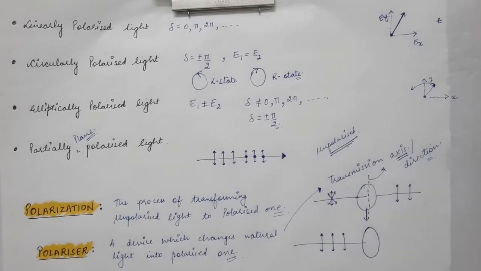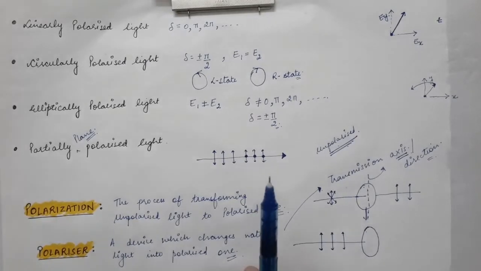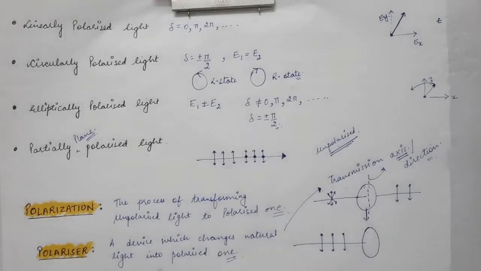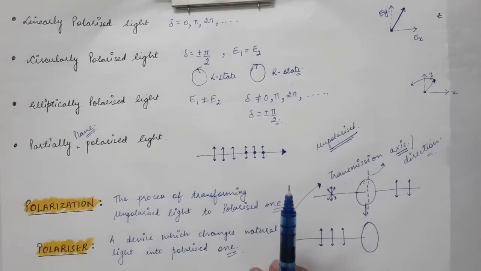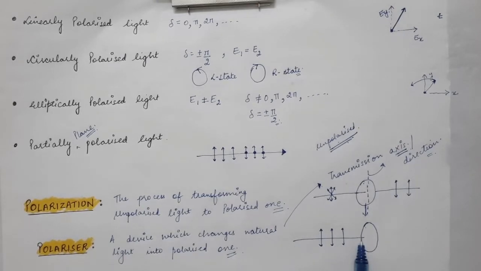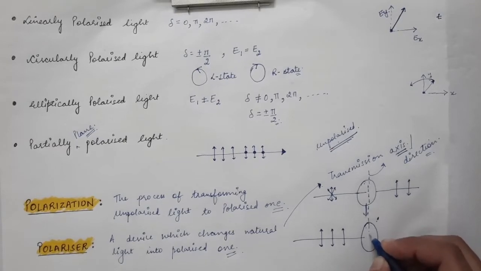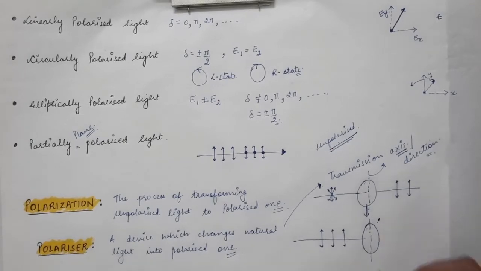So actually the function of a polarizer is to convert unpolarized light to polarized one, but over here we are taking polarized light only. The polarized light is made to fall on the polarizer, and let's say this is the transmission axis of the polarizer.